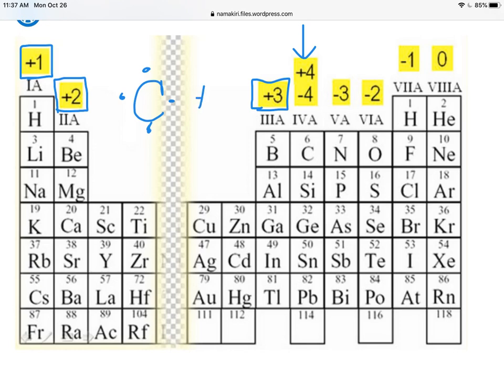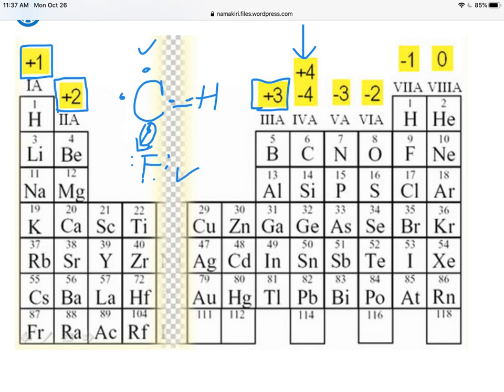So if I'm using hydrogen, hydrogen's actually going to share with carbon, and carbon's going to have all 8. However, if I'm using fluorines, fluorine has 7 valence electrons, and so it's going to take the valence electron from carbon. Okay, and now fluorine will have all 8.